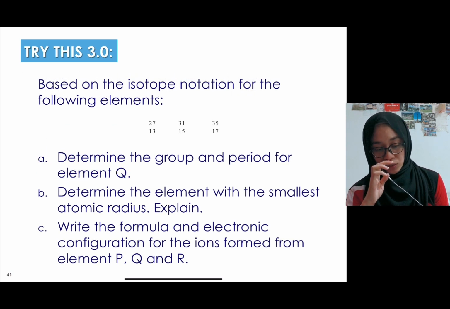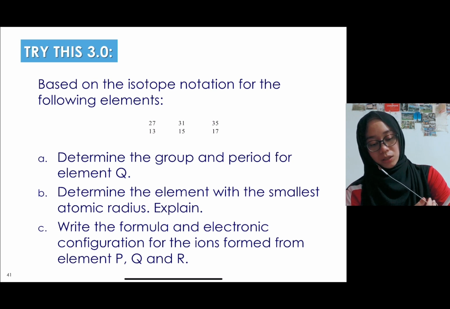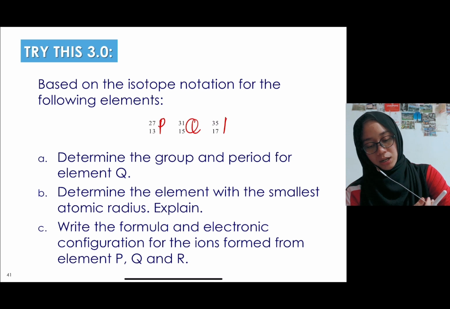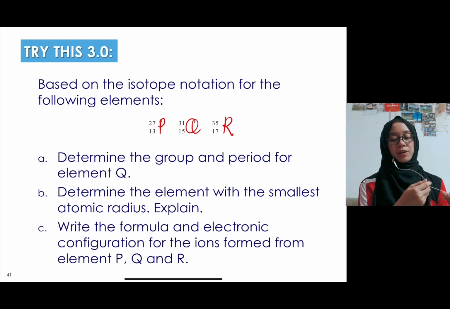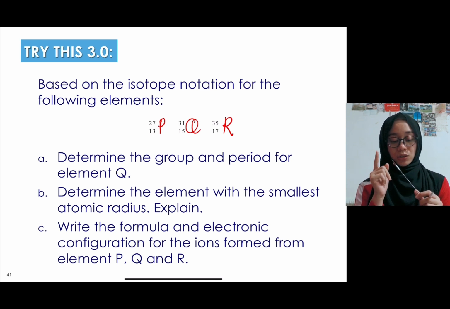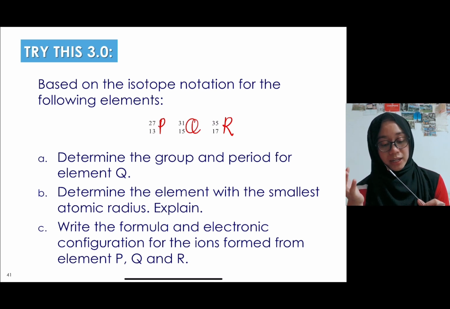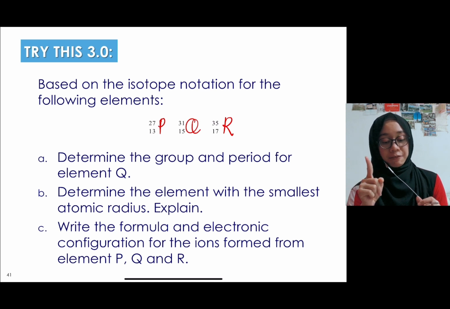Okay, and then this one based on the isotope notation for the following elements. So kita ada P, Q dengan R. So determine the group and period for element Q. Yang ni adalah daripada 6.1 hari tu kan. And then kamu dah belajar. So determine the element with the smallest atomic radius pula. Okay, so nak kena identify pula and explain why. So kena identify dululah sama ada PQR ni is actually in the same period ataupun in the same group.